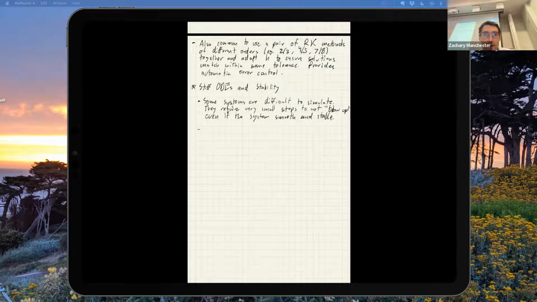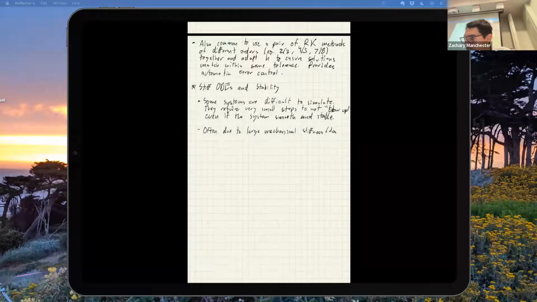What else is there to say? Often this is the origin of the name: it often corresponds to large mechanical stiffness or damping, but not always.